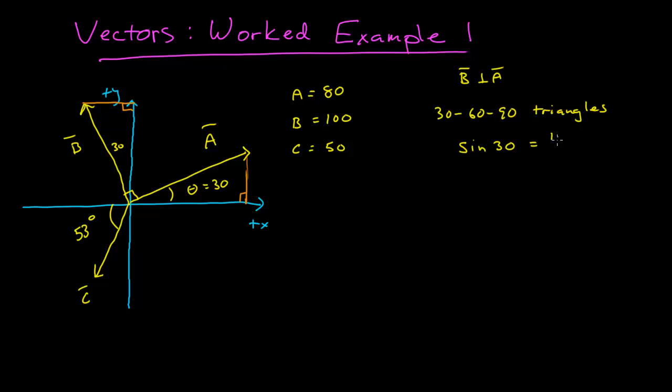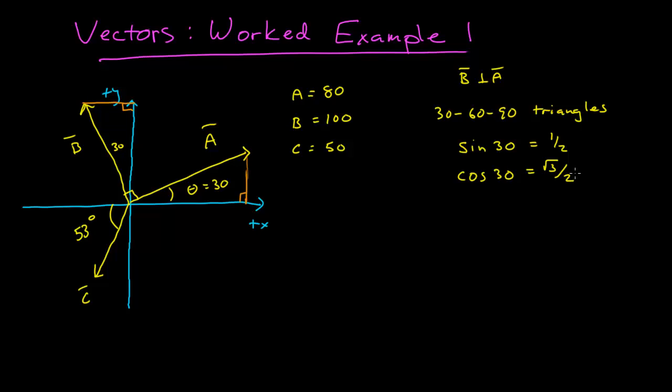Sine of 30 is 1/2, cosine of 30, square root of 3 over 2 are directly known. I don't have to worry about trying to calculate them. And then the reverse for 60 degrees. Of course, sine of 60 is square root of 3 over 2, and cosine of 60 is 1/2.